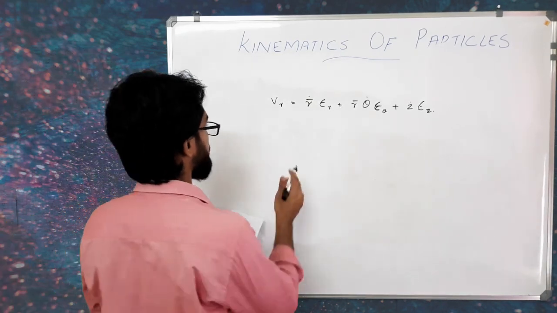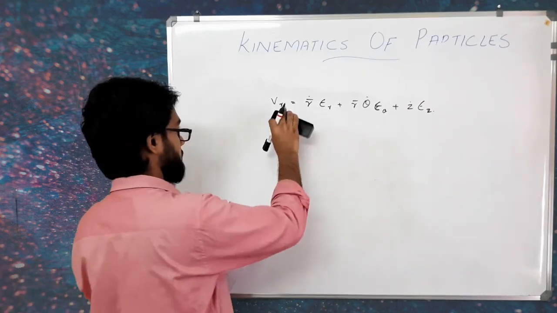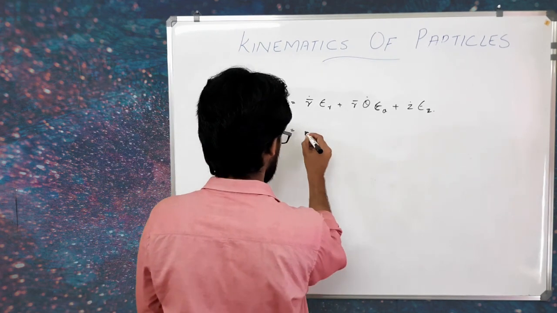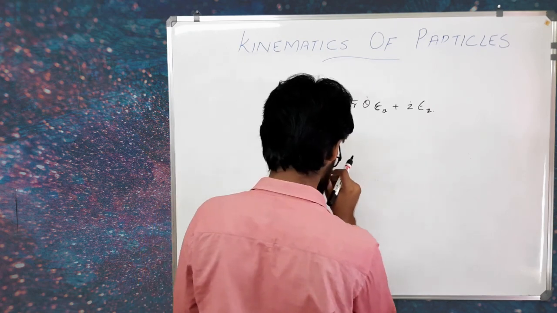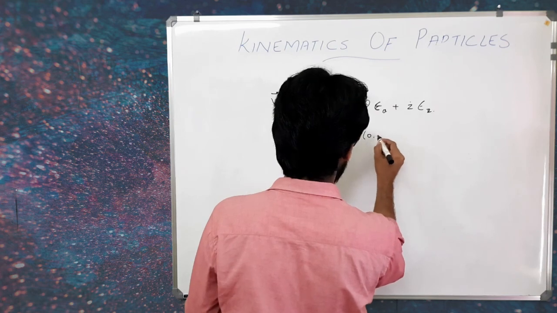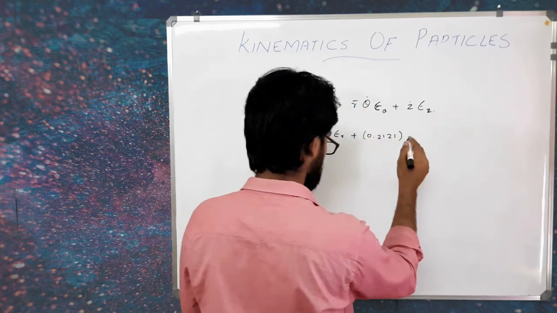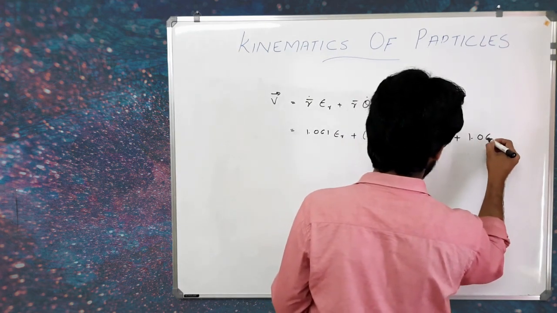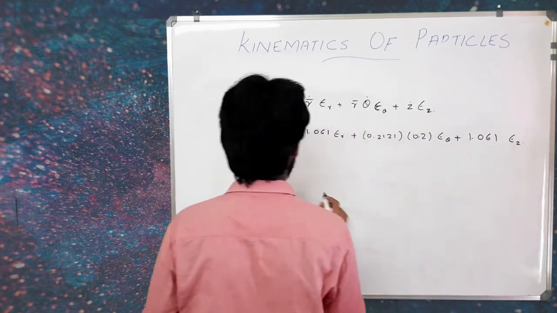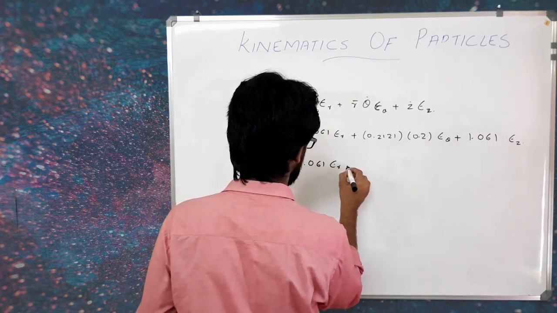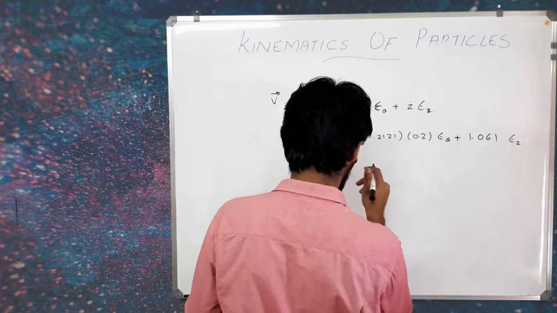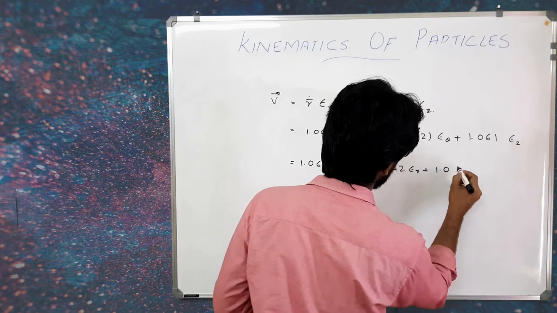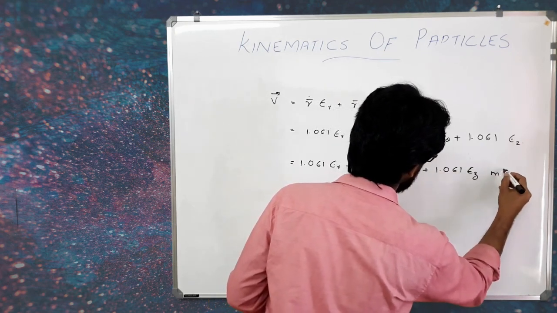Substituting these values, we will get V vector equals 1.061 epsilon r plus 0.2121 into theta dot, it is 0.2, into epsilon theta plus z dot, we got it as 1.061 epsilon z, which is equal to 1.061 epsilon r plus, if you multiply this, you will get the value of 0.04242 epsilon theta plus 1.061 epsilon z meter per second.